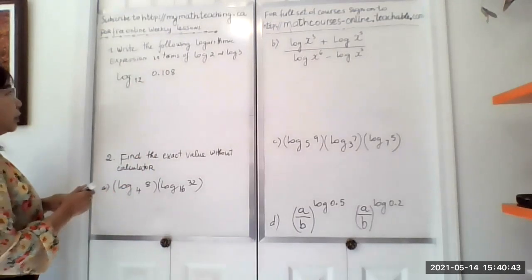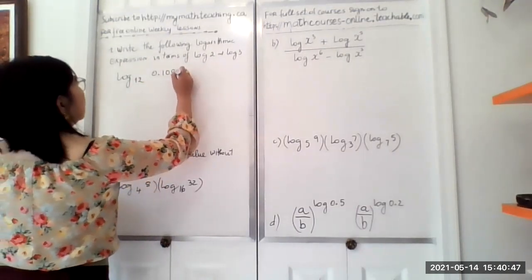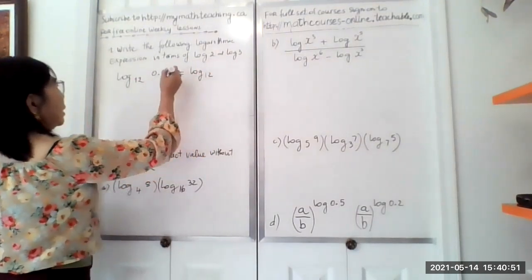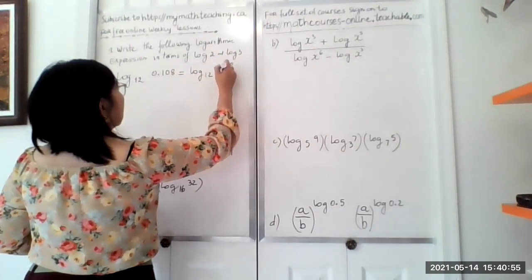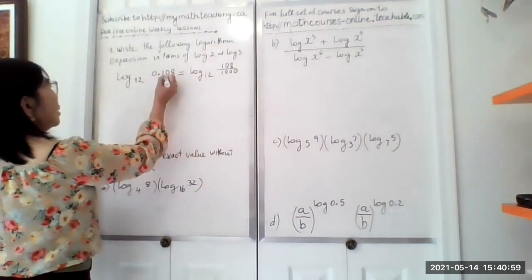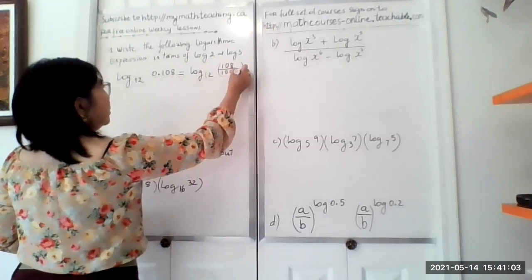So let's see how we can do this. We also can rewrite this as log base 12 of 108 on the top divided by 1,000. So as long as you have a decimal of 3 places, it means this.